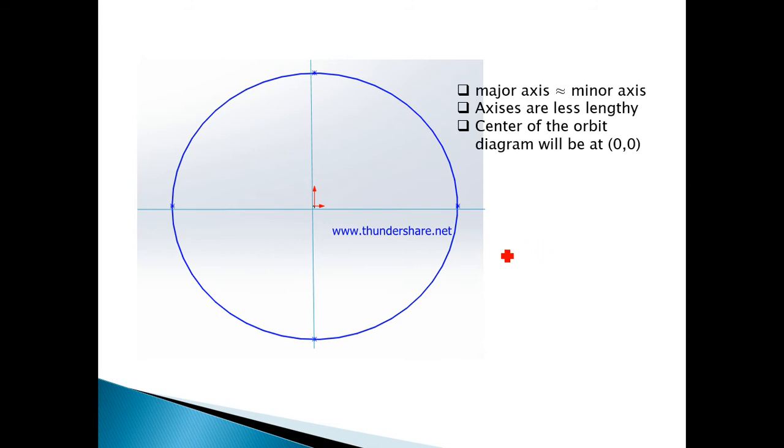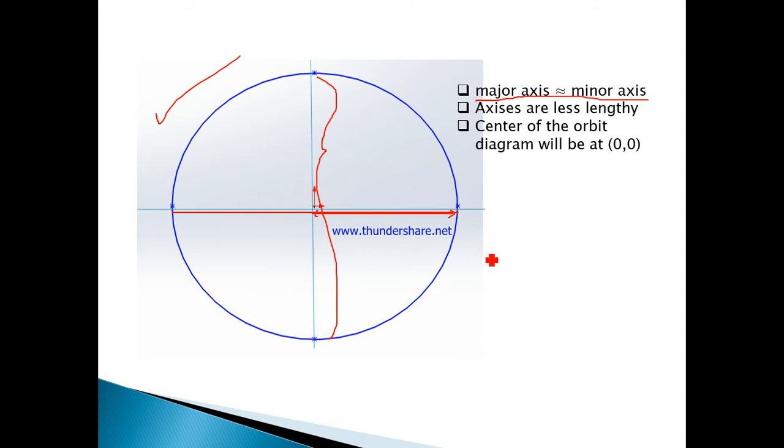Now we will try to understand various types of orbit diagram. If from rotor dynamics we are obtaining an orbit diagram like this, this is the major axis, and this is the minor axis.